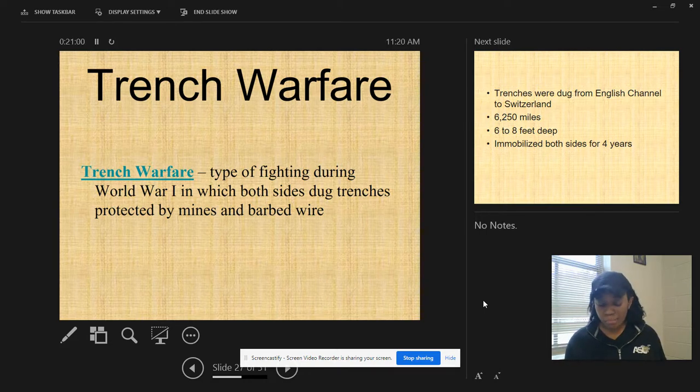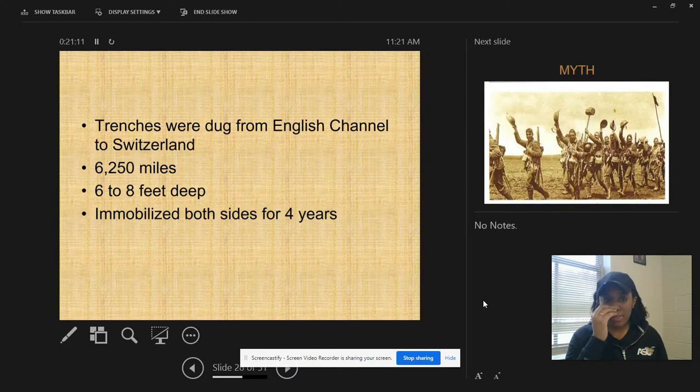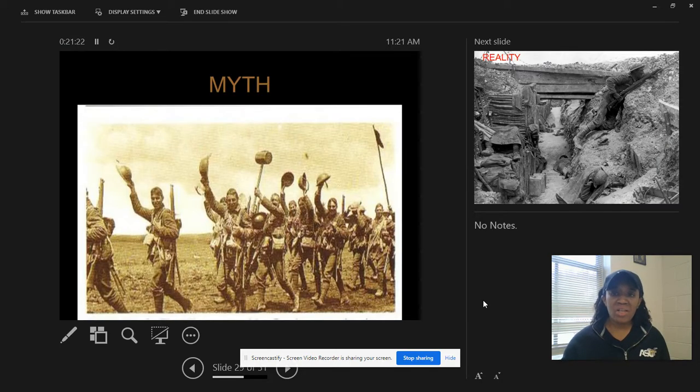The barbed wire and the mines were basically surrounded by a dugout. I guess that's the best way to describe it, but I'll show you in a second. People would dig these trenches and go inside them until they prepared to attack in the middle. But if you attack too soon, you could get shot. And it was really dangerous.